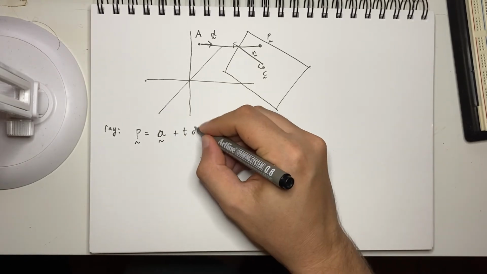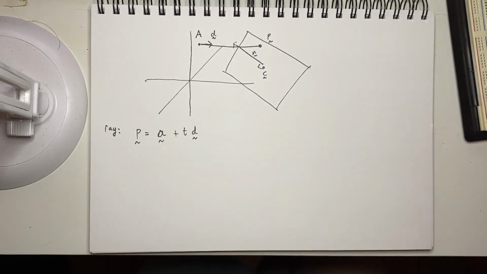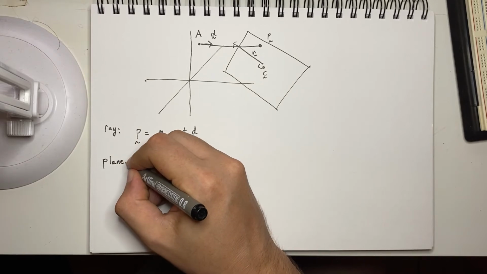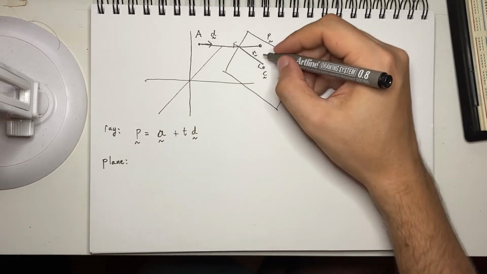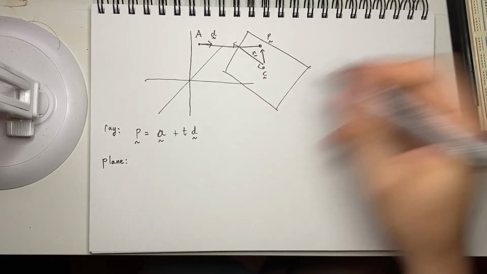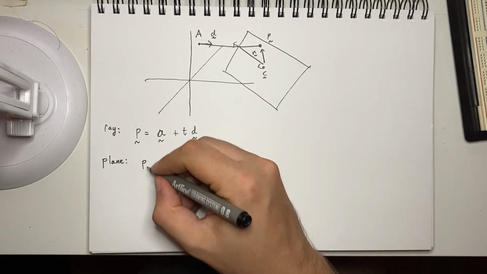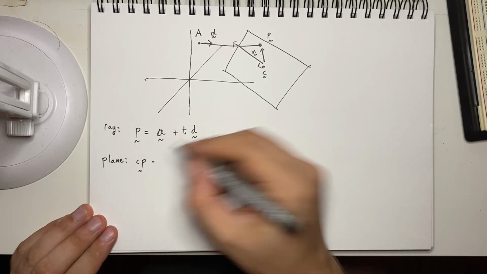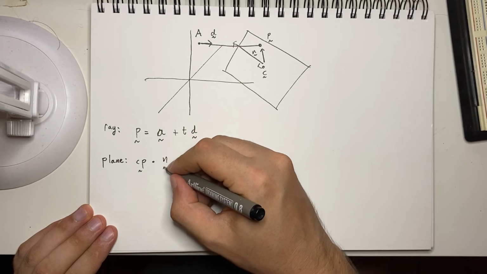And then the plane equation is saying, well, if we take the direction vector from the center to the point, and we take its dot product with the normal, that should be 0.